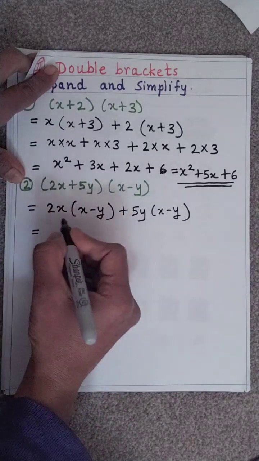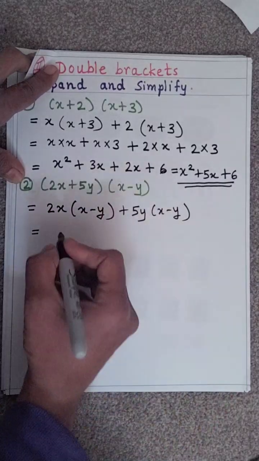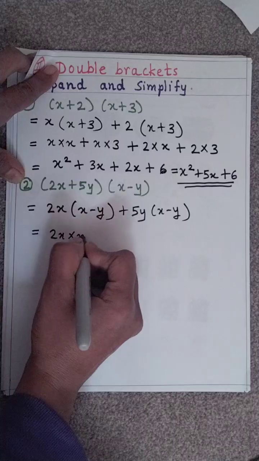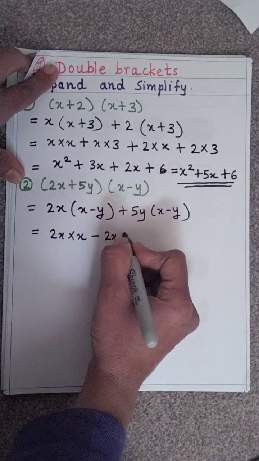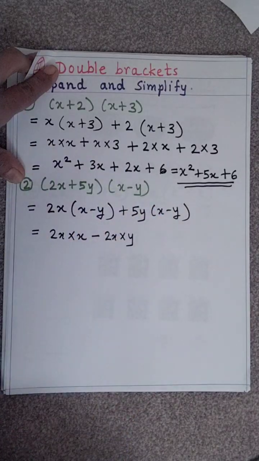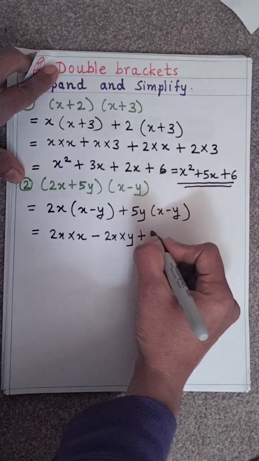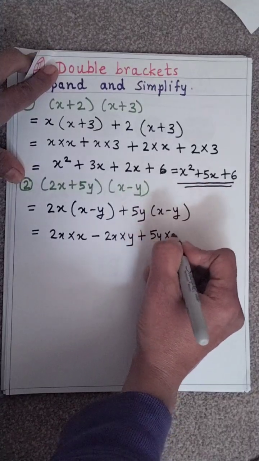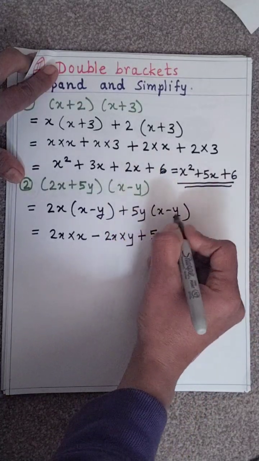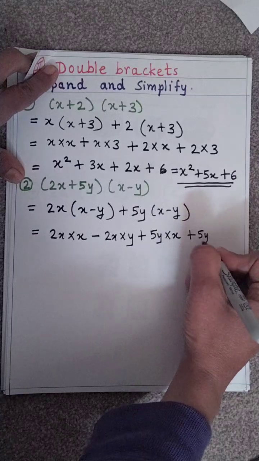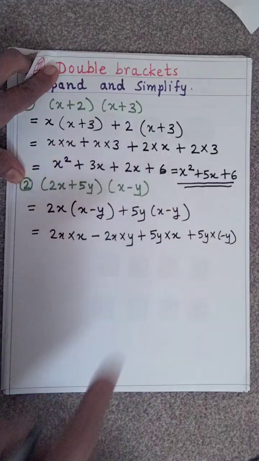Is equal to 2x times x. Okay, 2x times x minus 2x times y, plus 5y times x, plus 5y times minus y.